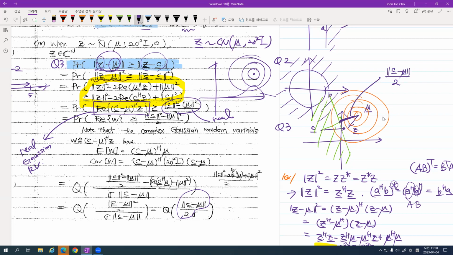Actually, this complex Gaussian random vector has any component, real or imaginary or rotated version of that one, having standard deviation sigma. That appears here. So the location of c and mu doesn't matter. What matters is only the distance between this c and mu.